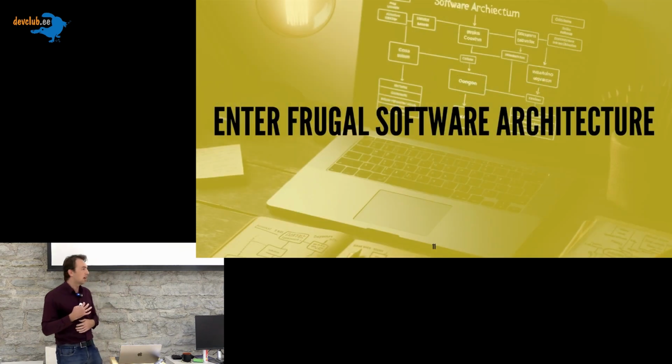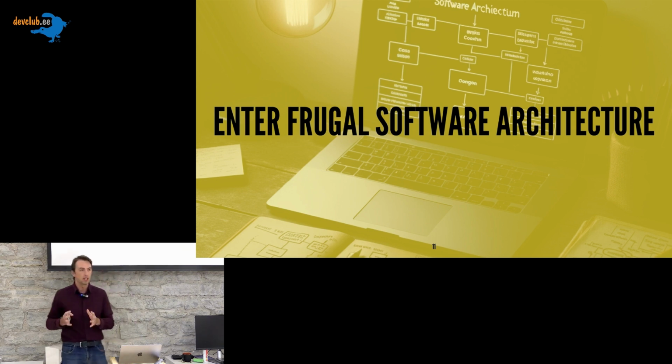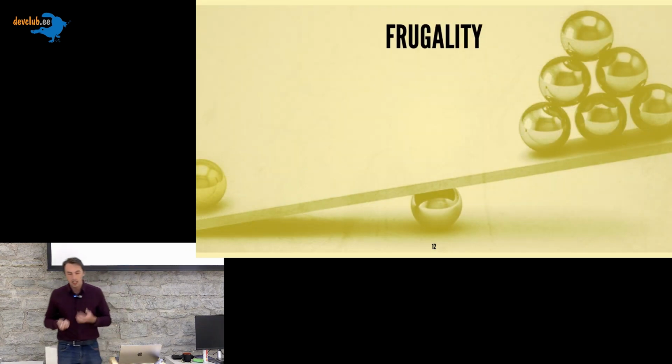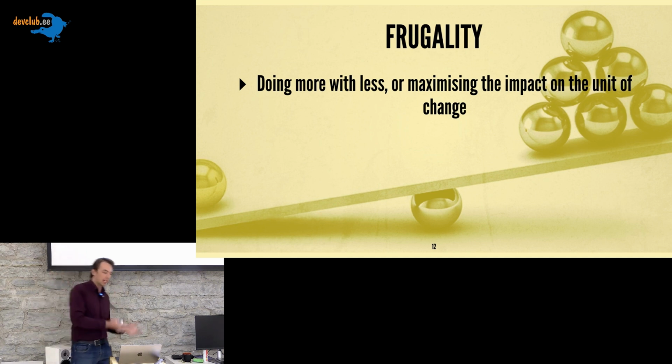So yeah, my answer to all those problems is let's think about how we can pick an architecture which is actually frugal. So it's cost efficient, doing the thing with the least amount of resources. Frugality is not just cost savings. It's about doing more with less, or maximizing the impact per unit of change.